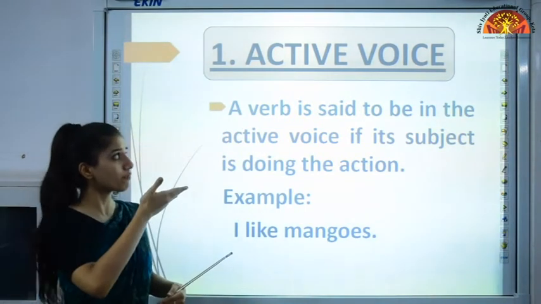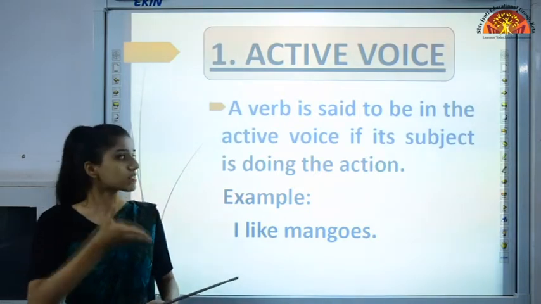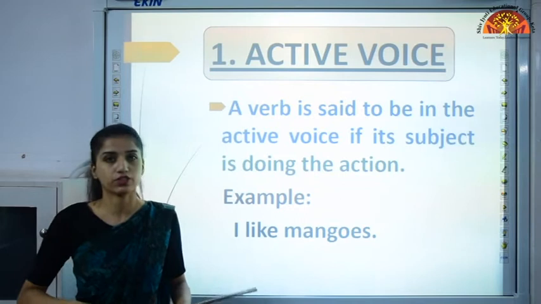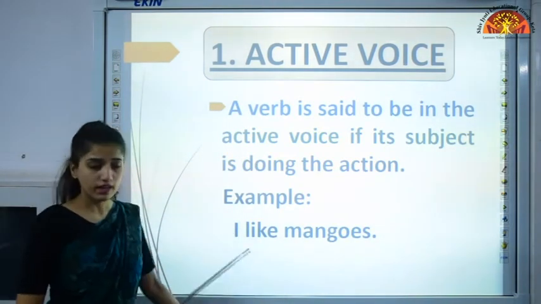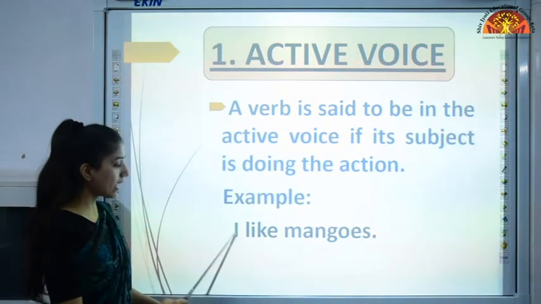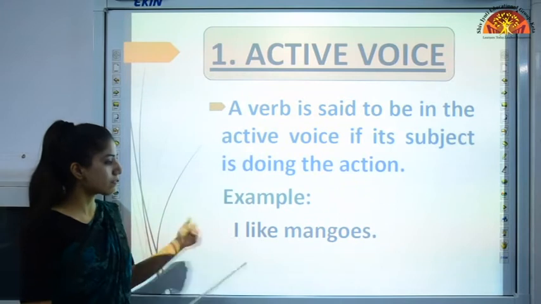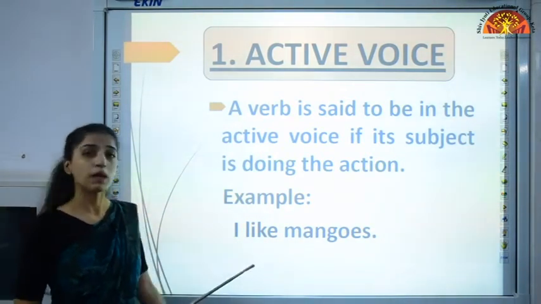So in active voice, we tell in a sentence that the subject is the doer of the action. As you can see in this sentence, I like mangoes. Here the subject is I and he is doing the action, that he is liking mangoes.